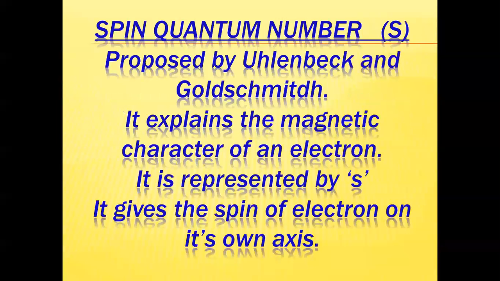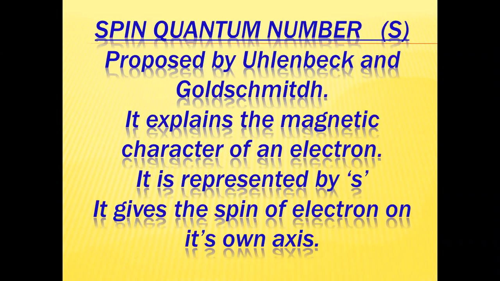In the previous class, we were discussing the quantum numbers, and we know that there are four quantum numbers: principal quantum number, n, azimuthal quantum number, L, magnetic quantum number, m, and spin quantum number, s.